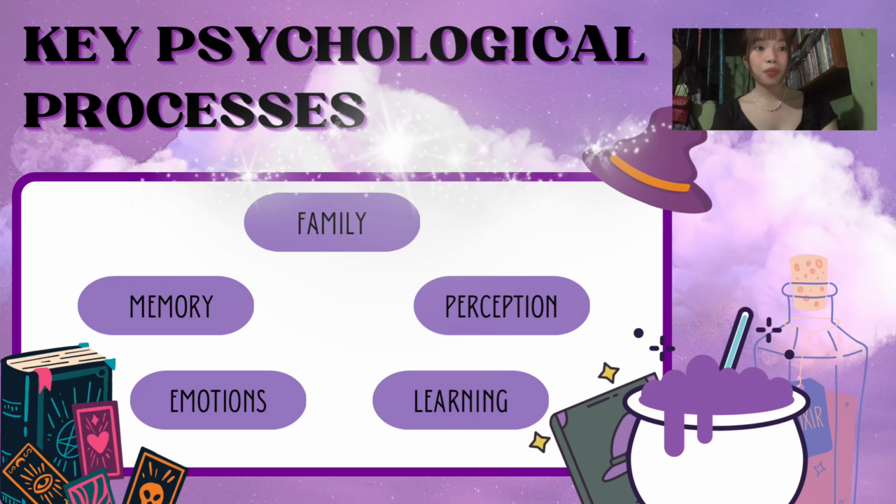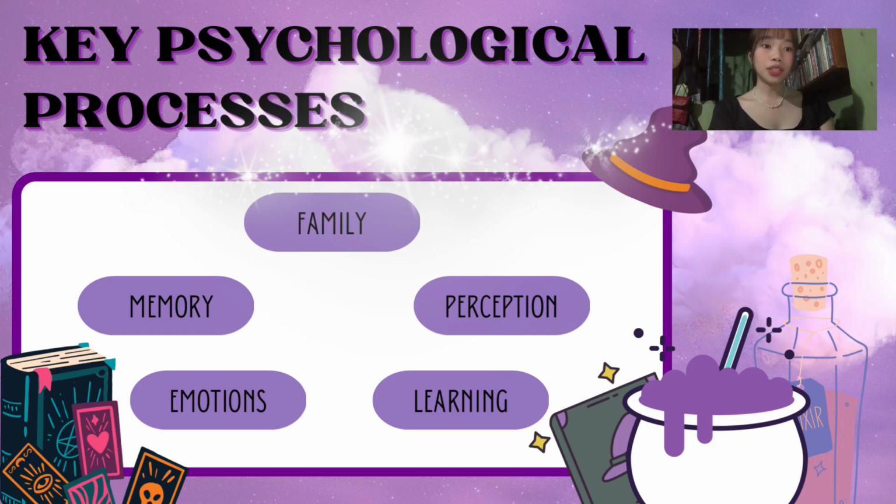Emotional connections to a brand, such as happiness or excitement, can influence consumer preferences and brand loyalty. Fifth is memory. Consumers recall past experiences, advertisements, and brand interactions when making choices. Strong brand recognition and positive memories can lead to repeat purchases and long-term customer relationships.